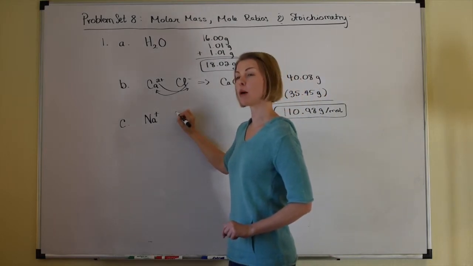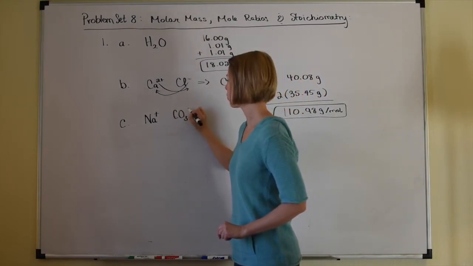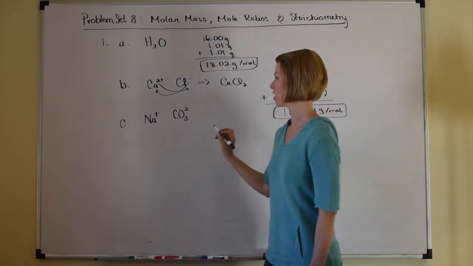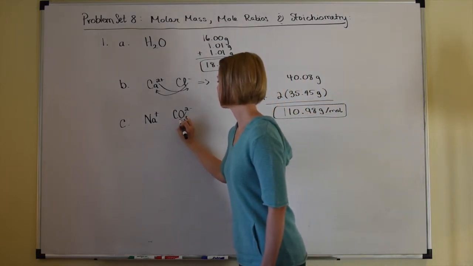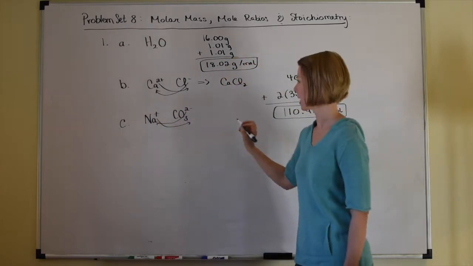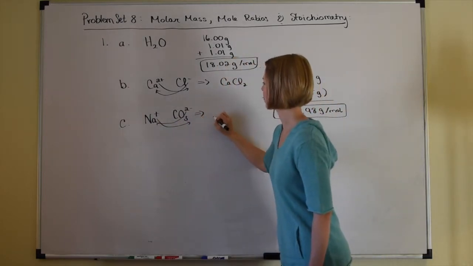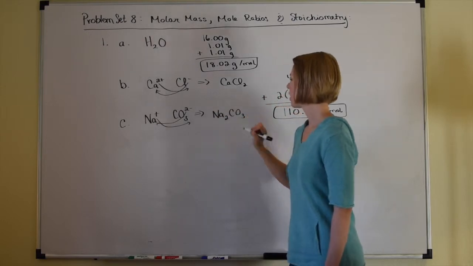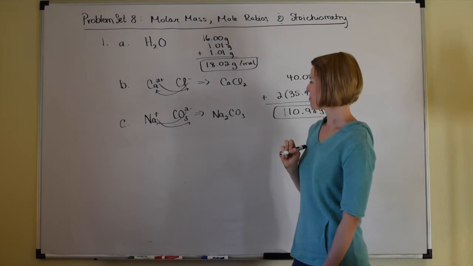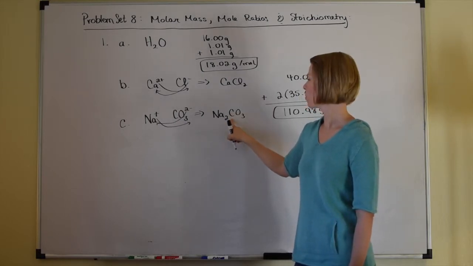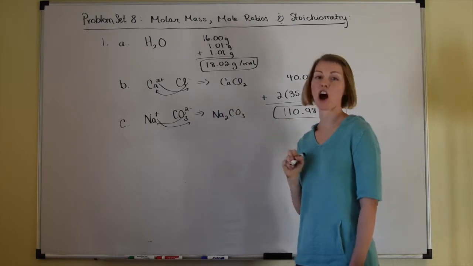Carbonate is a polyatomic anion that you hopefully have memorized as CO3 with a 2- charge. So it's going to take 2 sodium cations for every 1 carbonate anion, which is why we're going to write the formula as Na2CO3. That's going to be a lot to add up for our molar mass. We've got 2 moles of sodium, 1 mole of carbon, and 3 moles of oxygen.